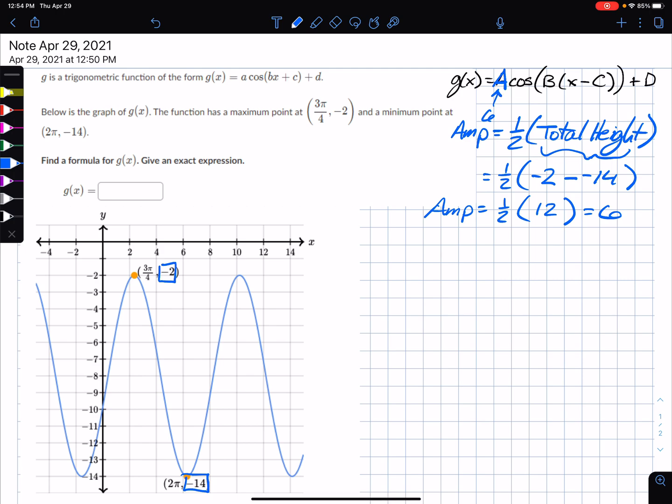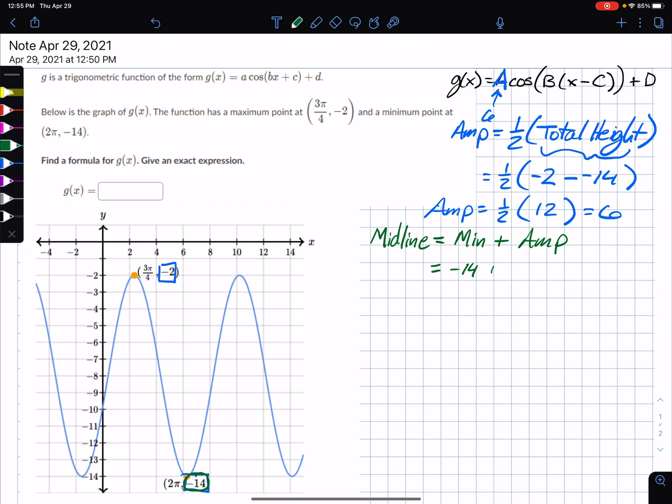Next, we can use amplitude and one of these minimums or maximums to figure out midline. Midline can be thought of as the minimum plus the amplitude, or you could do maximum minus the amplitude. Either way will get you to the middle of the wave. So the minimum here is, again, -14. We just used that to help find total height.